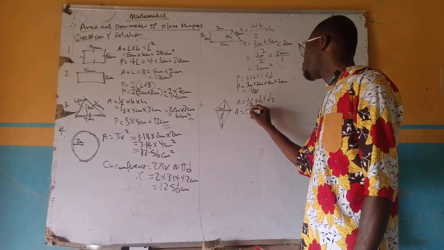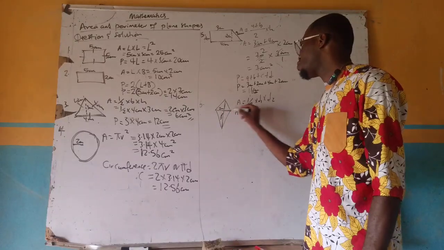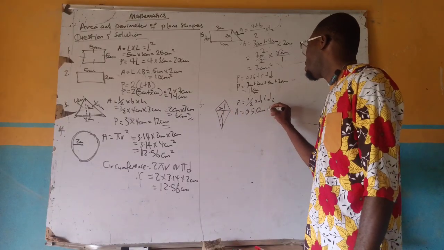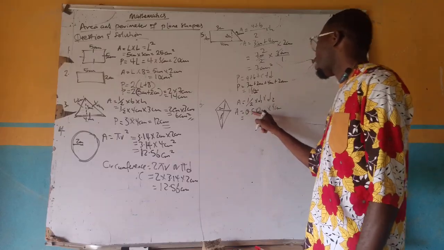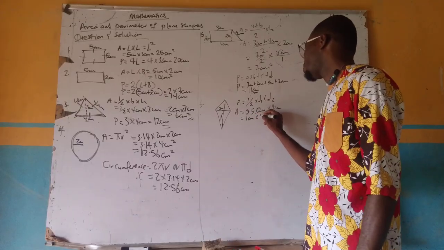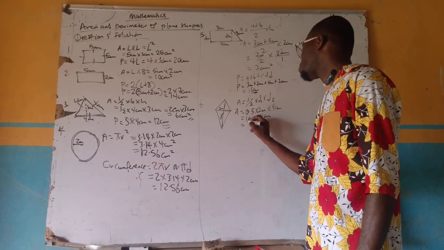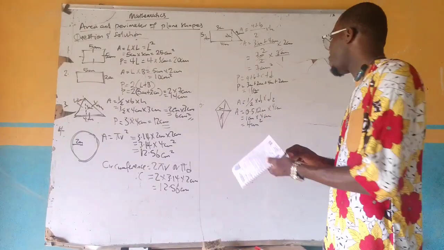So we have 0.5 times d1, the small one, 2 centimeter, times d2, which is 4 centimeter. The half of 2 is 1, 1 centimeter times 4 centimeter gives us 4 centimeter square. So we have solved the area.